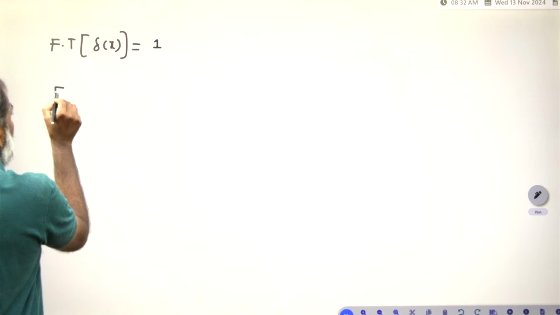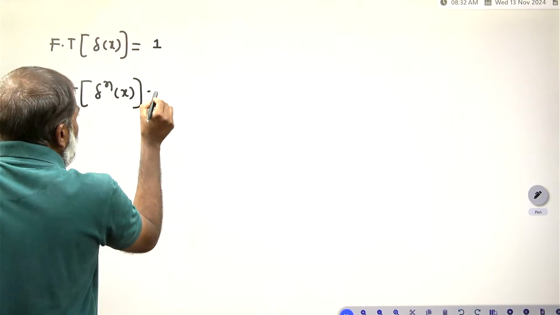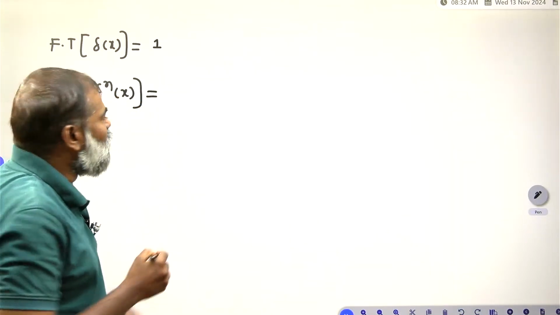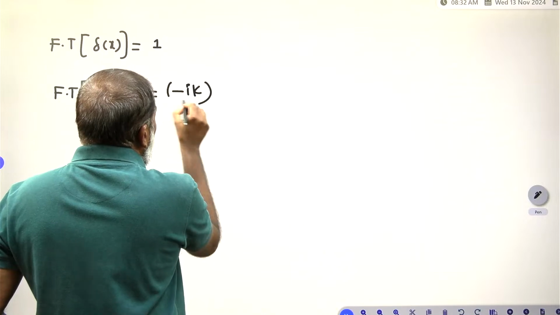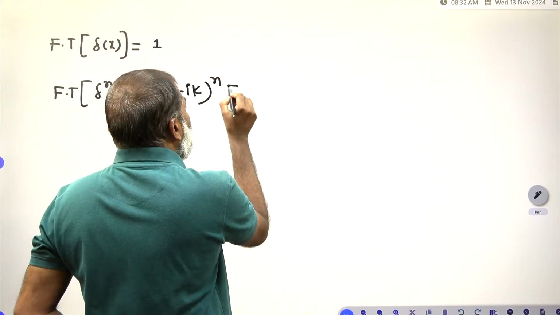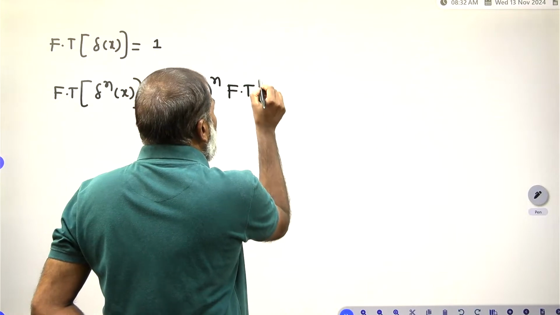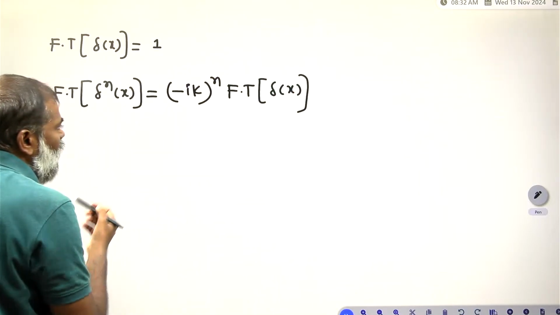The Fourier transform of the nth derivative of f of x is equal to minus ik all to the power of n into the Fourier transform of Dirac delta of x.